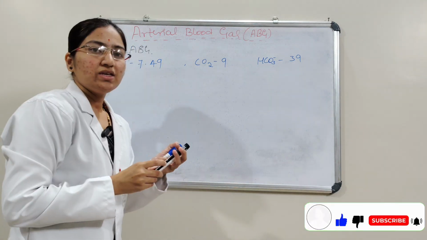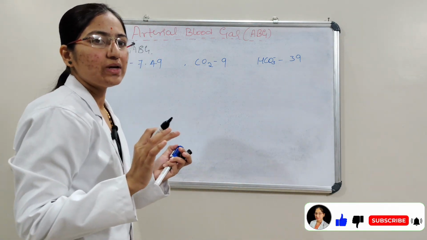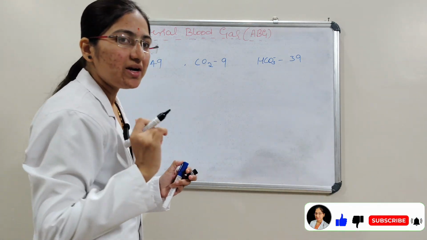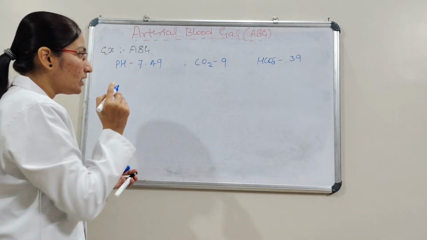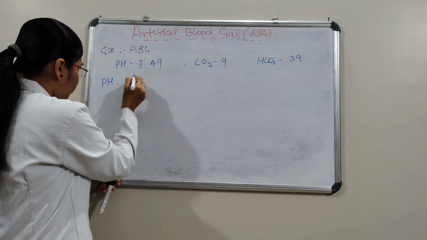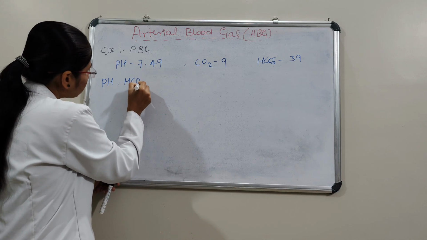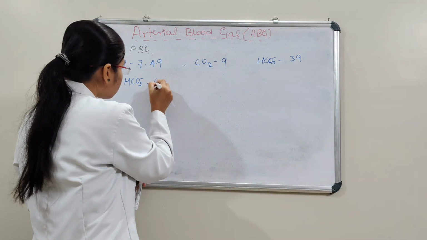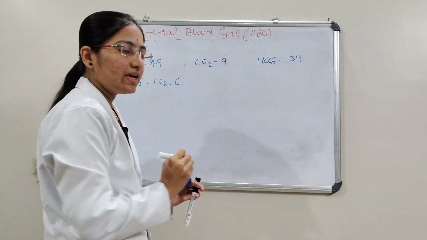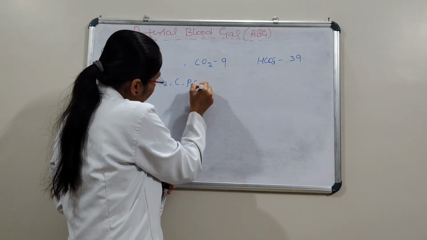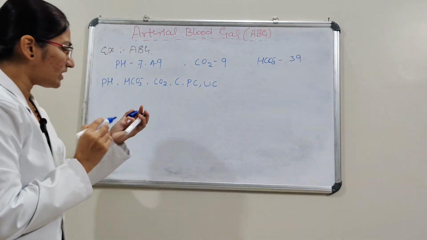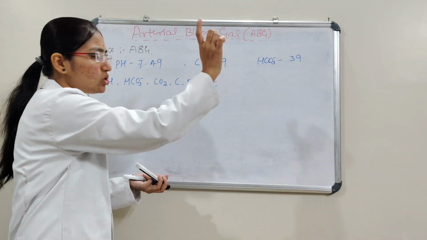Okay, the sequence is okay however, but we need it in an order. First has to be pH, after that bicarbonate, after that CO2, after that compensatory, after that partial compensatory, ultimately uncompensatory. In this sequence we always need to see.